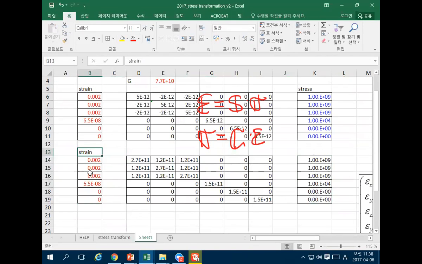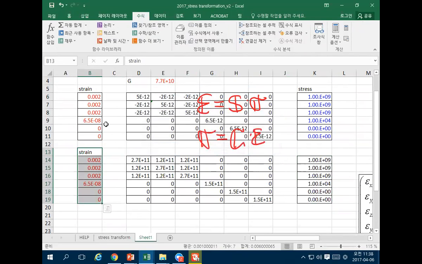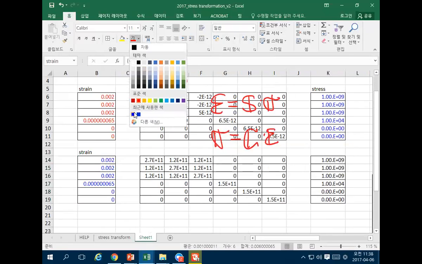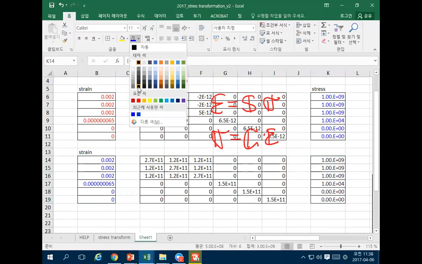Okay, we can give a name to this one. And now this one, I will change the color to blue, and this one has now become red.